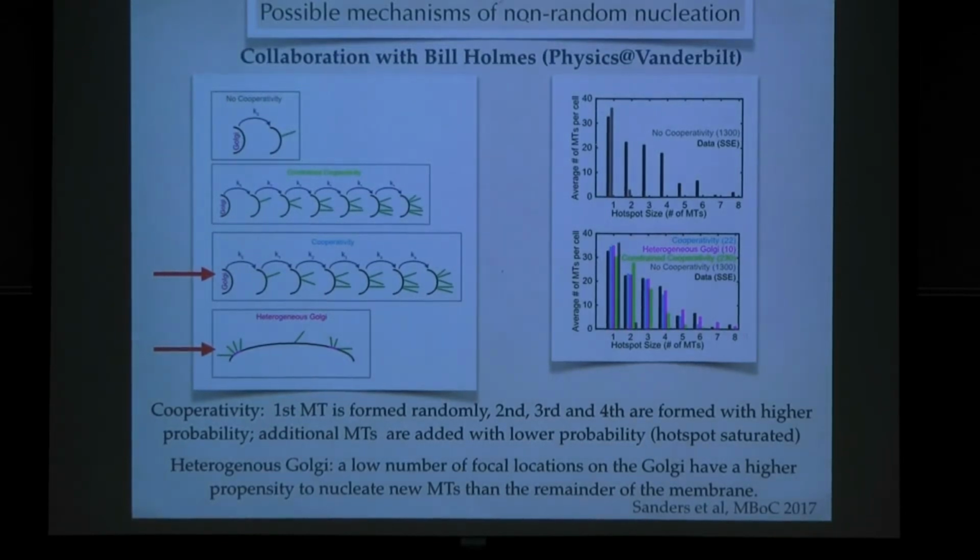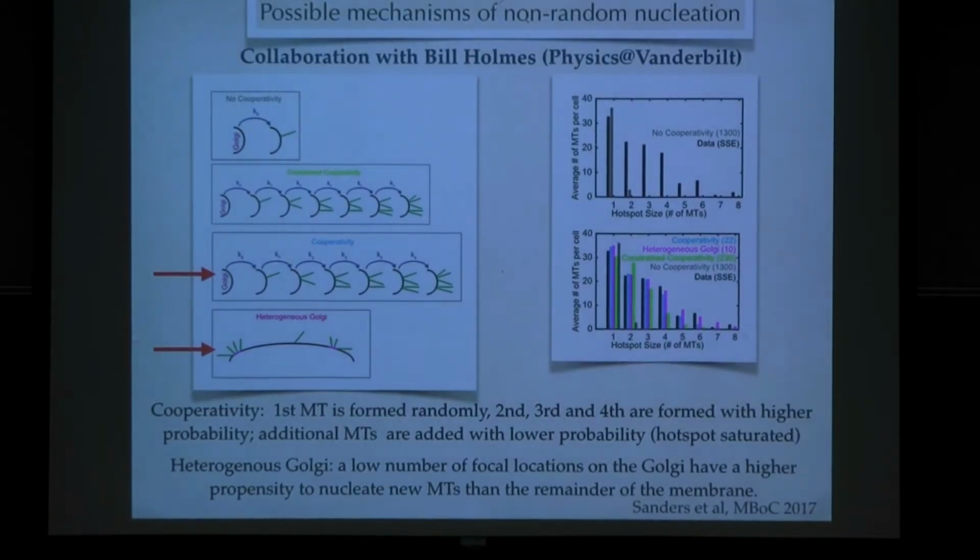Three main models that were tested included the cooperativity model, the constraint cooperativity model, and the heterogeneous Golgi model, and two of them were found to be consistent with the experimental distributions, the experimental data.